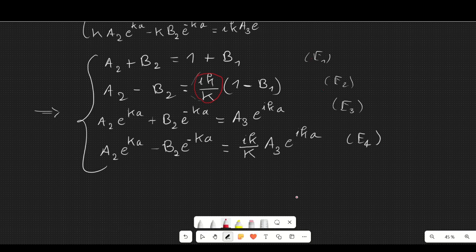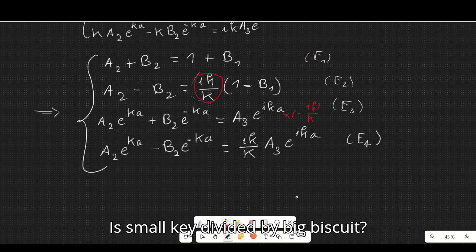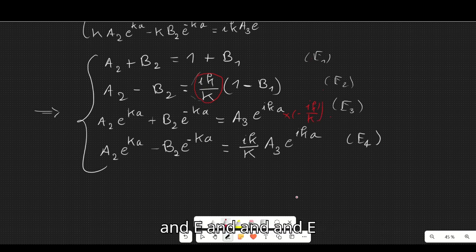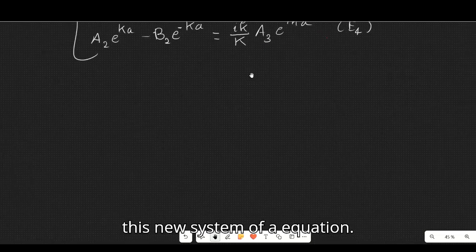Also, we multiply the equation E3 by minus small k divided by big K, and then we sum the equations E3 and E4. So we get this new system of equations.